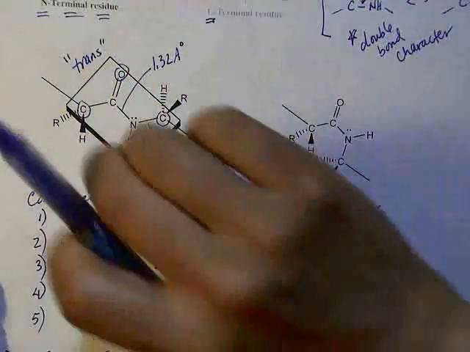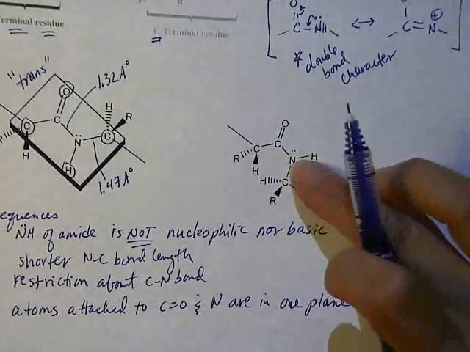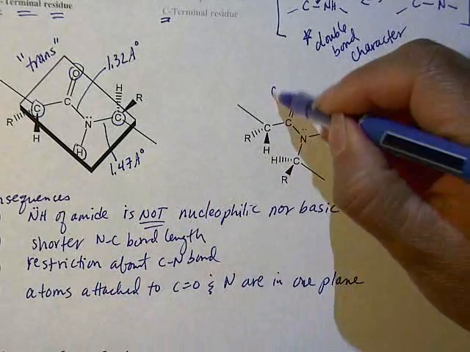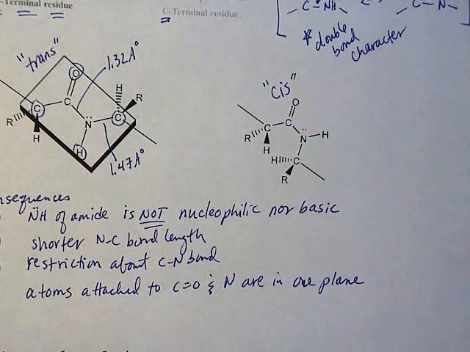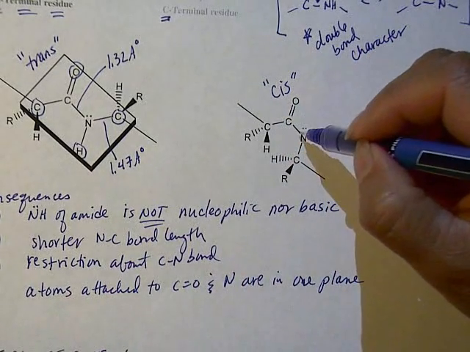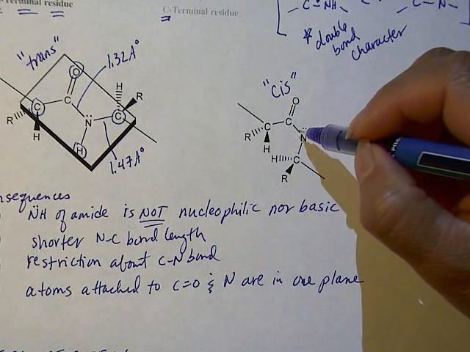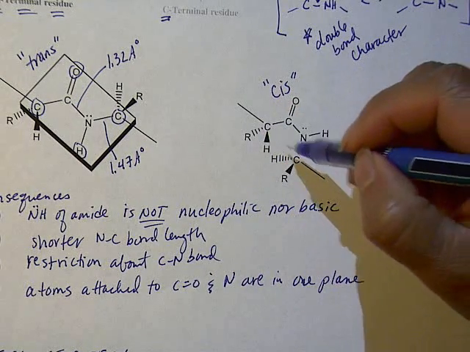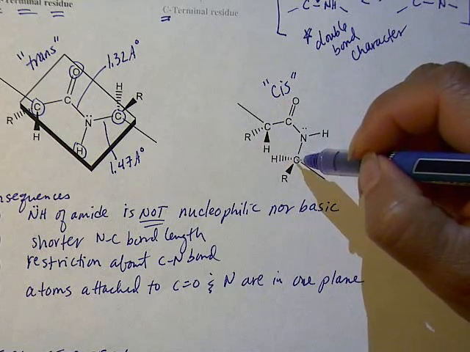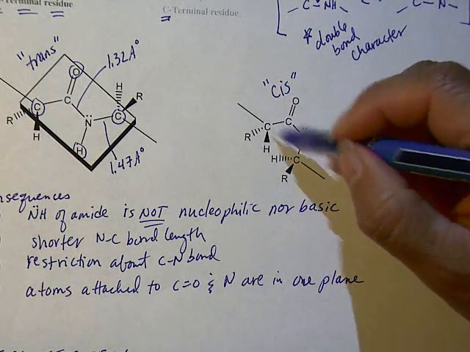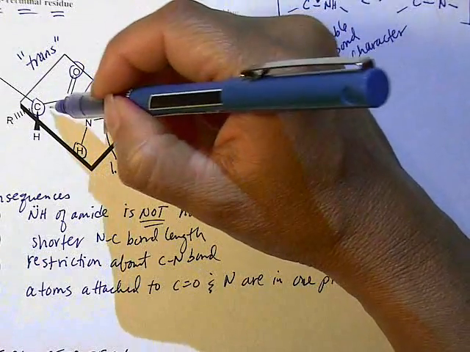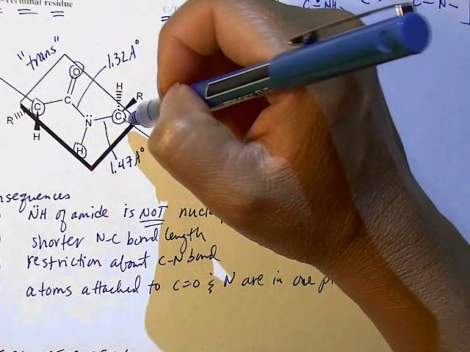Whereas if I rotate it over this way, it's sort of like a cis-like arrangement about this double bond. Notice in the cis conformation the carbons with the R groups are pretty close to each other, whereas when it's trans-like, these groups are farther apart.